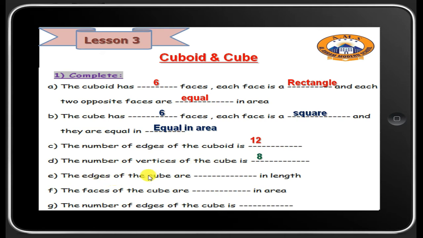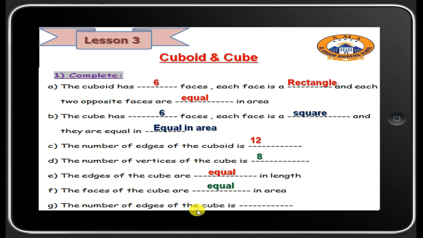The number of the edges of the cuboid, we said that they are 12 edges, and they are equal in length. The faces of the cube are what in area? They are equal in area. Very good. Now the last questions: here we have the number of edges of the cube. He asks me now about the number of the edges of the cube.